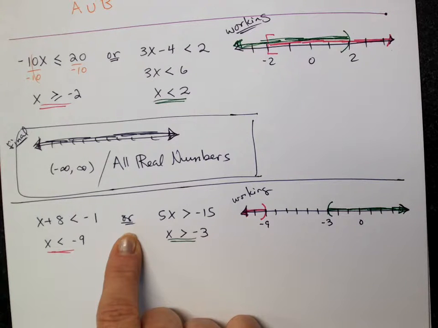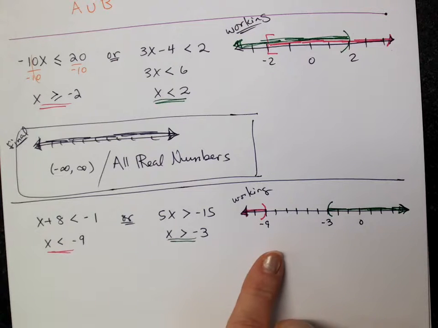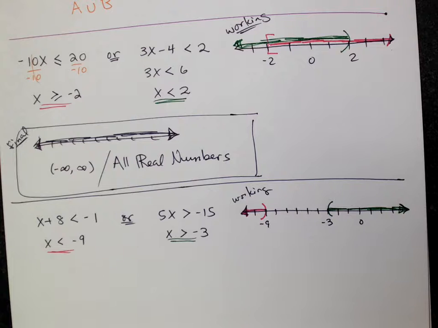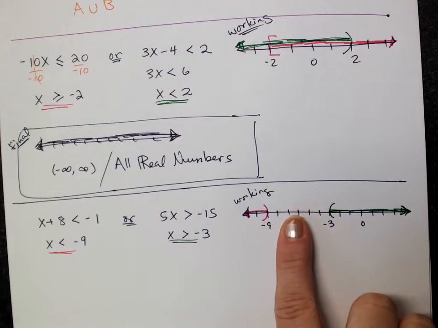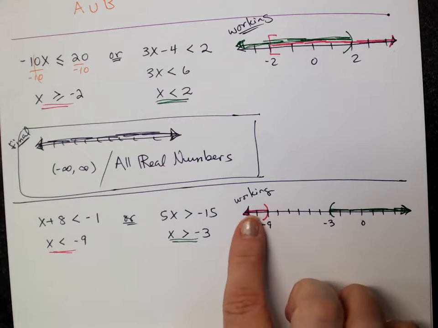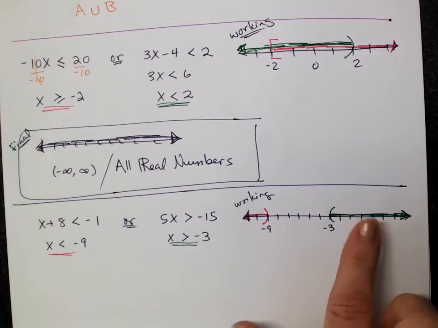Would it be negative infinity, -9, and -3, positive infinity? Yeah. Everything you're looking at. Now we have a gap, this stuff's not included, so we have to show that there's a gap with that U. The solution is two intervals, this interval and this interval.